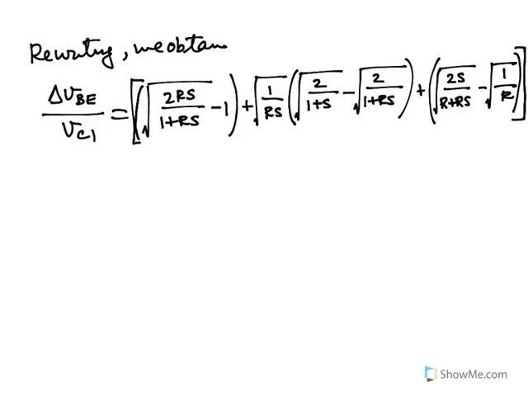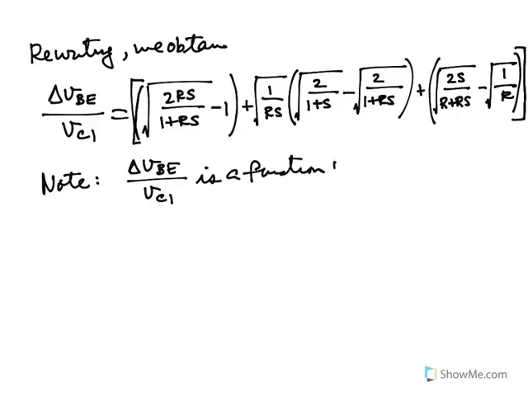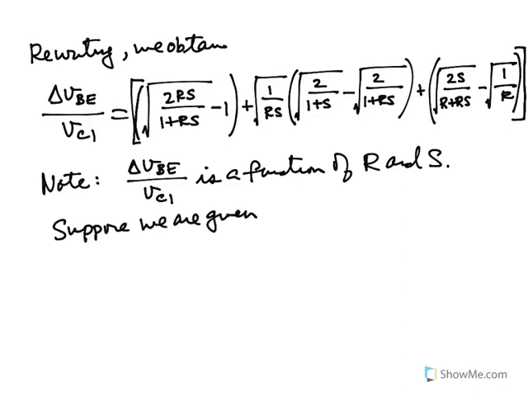Now let's see what's going on here in terms of understanding the structure. You note that delta v bielliptic divided by VC1 is a function of r and s. So we can think of it in two different pieces. Suppose we are given R2 and R1.